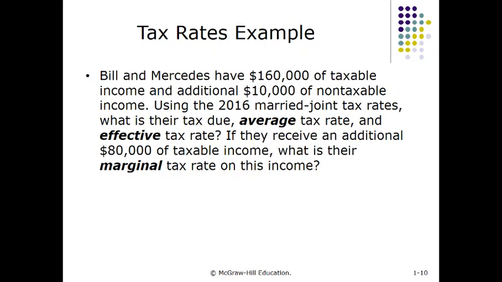But again, this is just to show you how this works. What is their tax due, average tax rate, and effective tax rate? Then they pose an additional question. If they received an additional $80,000 of taxable income, what is their marginal tax rate on this income?